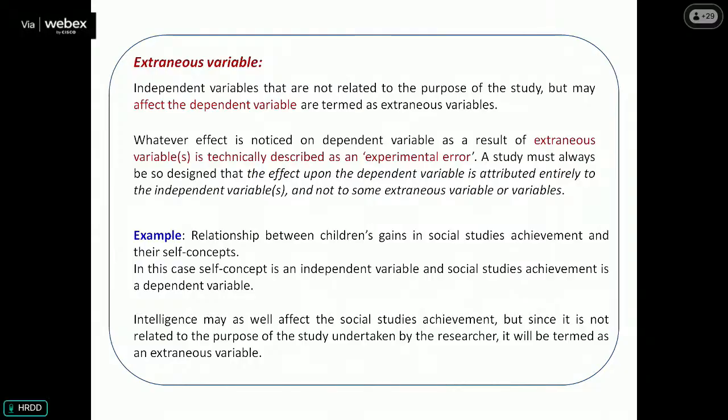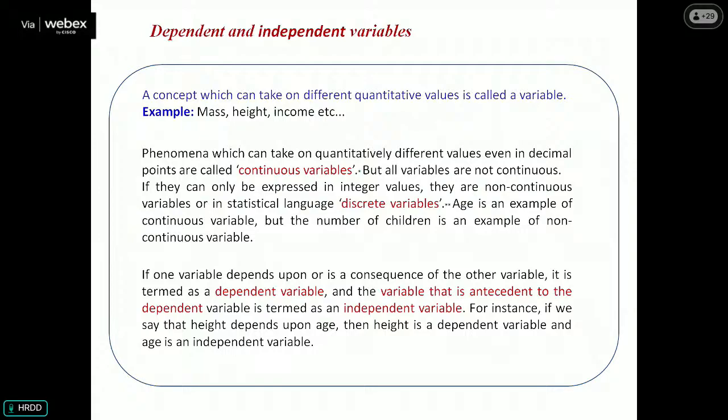Qualitative variables. It is a book I have taken from Kothari's book. A variable like mass, height, income, these are all quantitative. In qualitative research, it will be qualitative variables, like mental behavior.